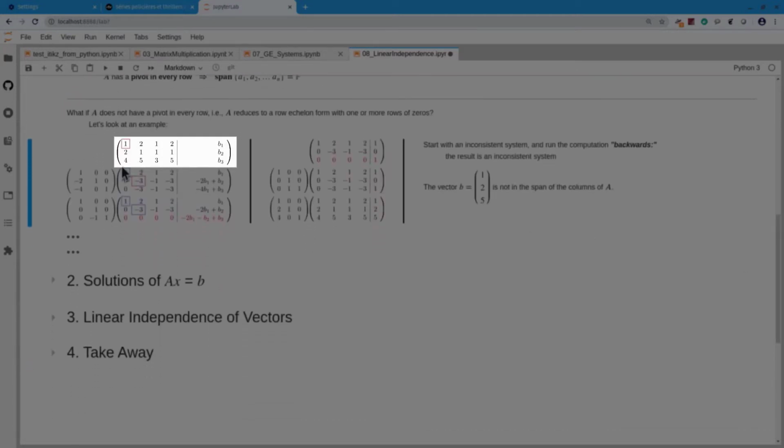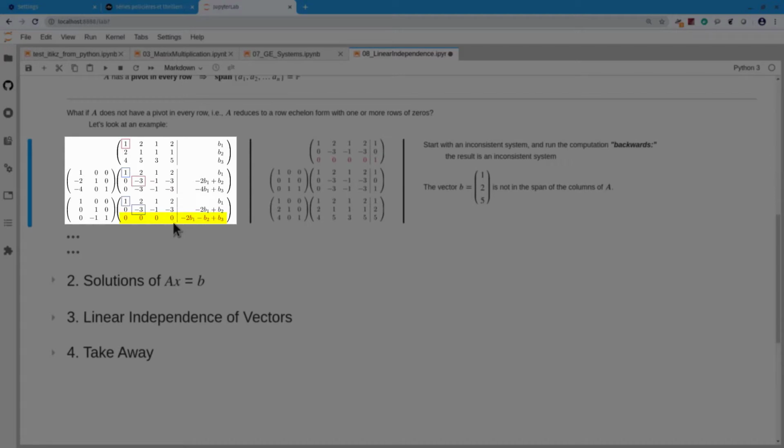Here is a system that I've set up with an arbitrary right-hand side, and we're going to do Gaussian elimination as usual. So my pivot, introduce zeros below the pivot, next pivot, introduce zeros below the pivot, and look what happened in this particular case. I find a row of zeros, and then my right-hand side is some combination of the entries in the b vector.